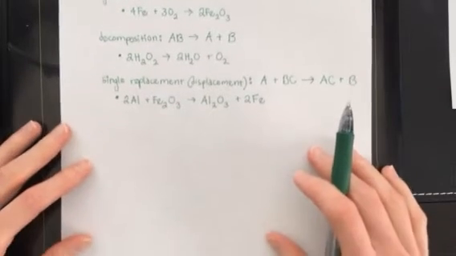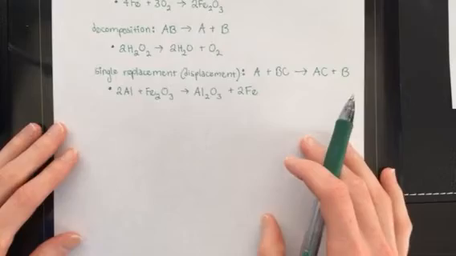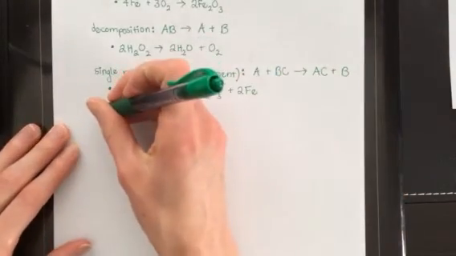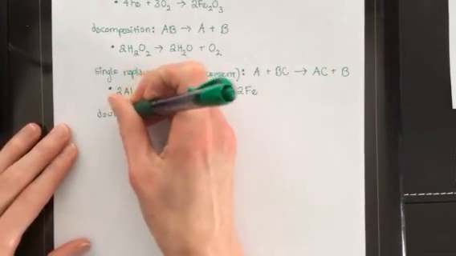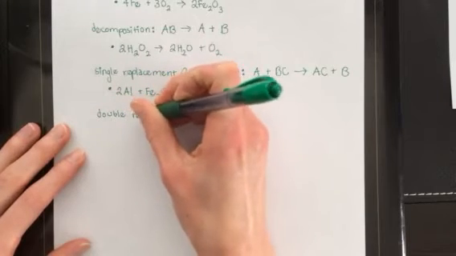Okay, type 4 is something called double replacement or double displacement. And you can probably kind of guess what that's going to look like at this point.